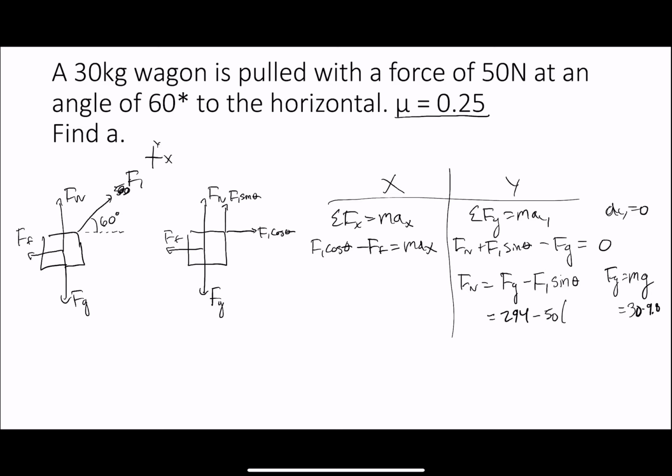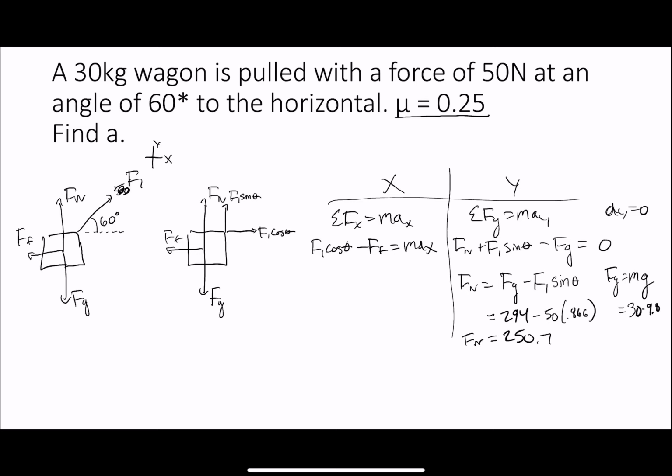And sine theta, sine of 60 is equal to some value. It's like 0.8666, something around there. So 294 minus 50 times sine 60. I got 250.7 for my normal force.